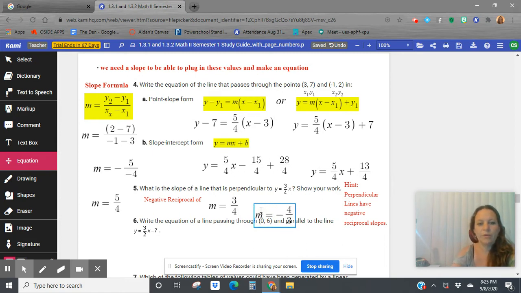Were you thinking negative 4/3? You got it. So we flip it and make it a negative.